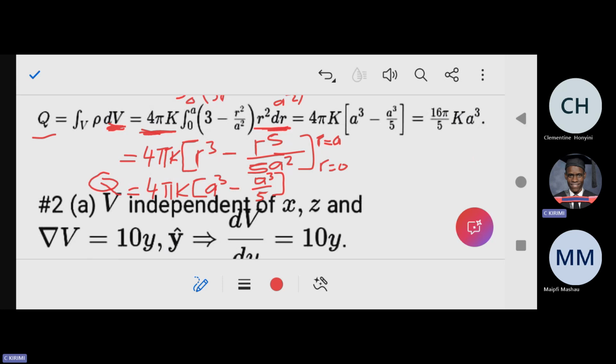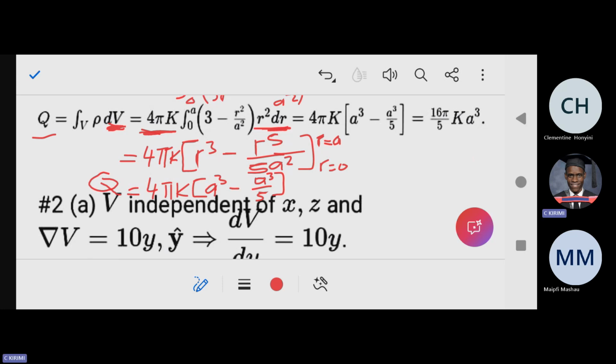So if we replace everything there, like what we did, q is equal to 4 pi k times that. So our mission is to find the value of that k. How will you find the value of the k? From where we are, how do you find it?